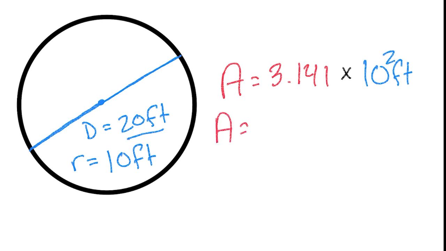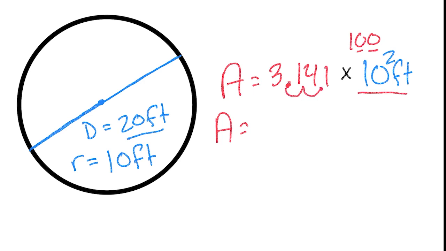squared. When we simplify this problem, we know that 10 squared is going to be 100. And then we'll consider our decimal point here in this 3.14. Since 100 has 2 zeros, we're going to move that decimal point to the right 2 times.